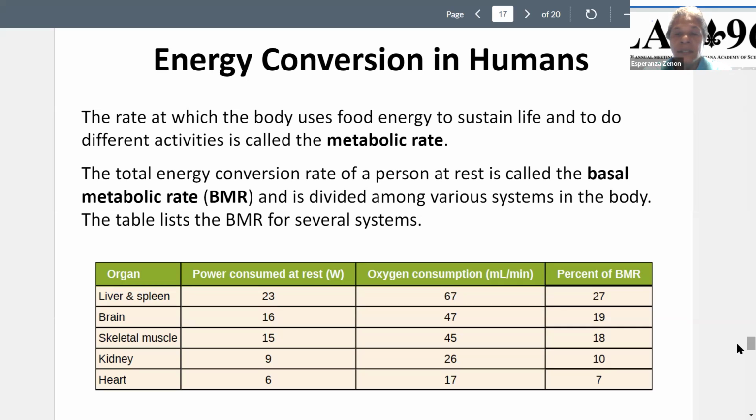You can see the liver and the spleen are really important organs in terms of the amount of power usage in the human body. You can see the heart, out of all the body organs, has the lowest power consumed at rest, when you're stationary, not moving around, not doing things.